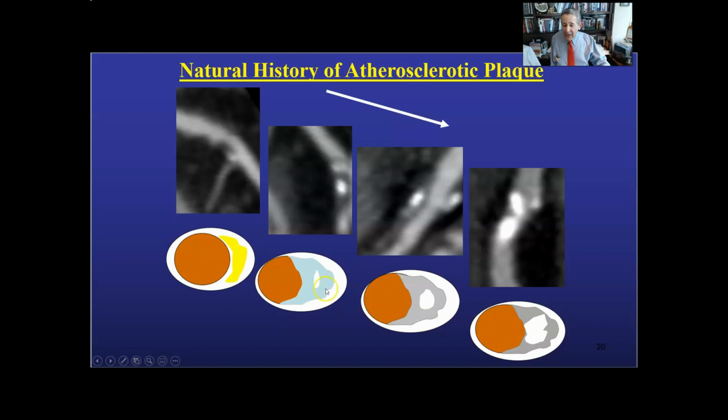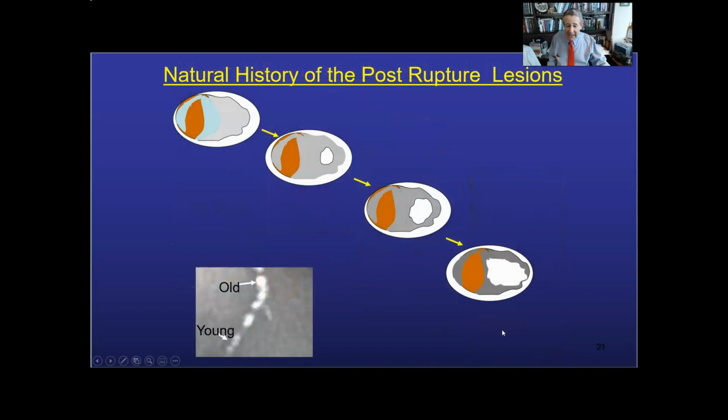And over the years, the area of the scar becomes more calcified, but the calcification doesn't impinge on the lumen. It will not affect an angiogram. So here we are, soon after a plaque rupture, scar tissue first. And over time, in about 6 months to 2 years, you see calcification.